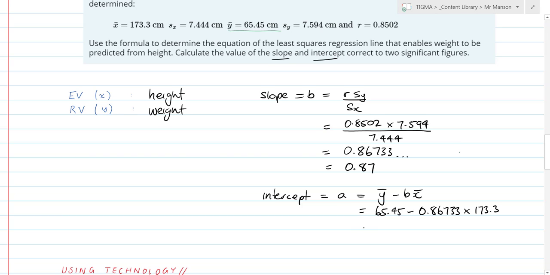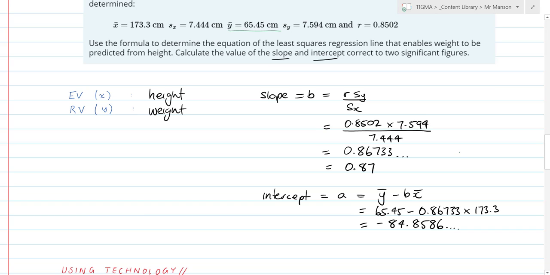My B value is my answer to the previous question, so I'm going to use the answer key. 65.45 minus answer times 173.3 gives me negative 84.8586, and on two significant figures again.